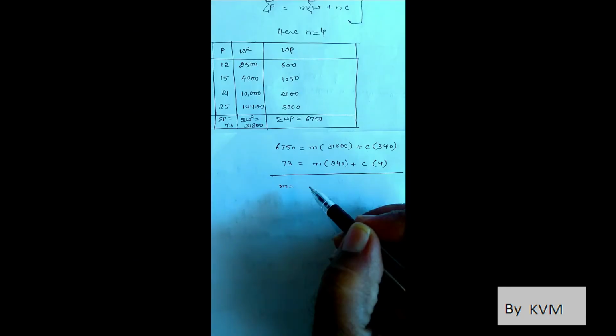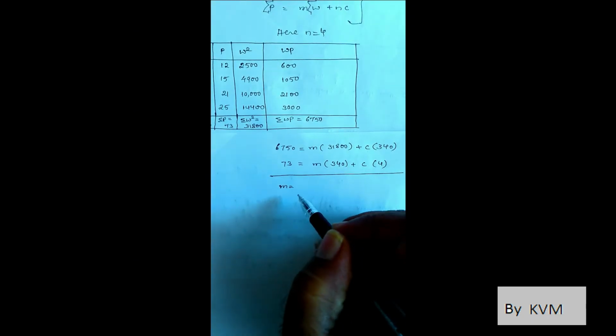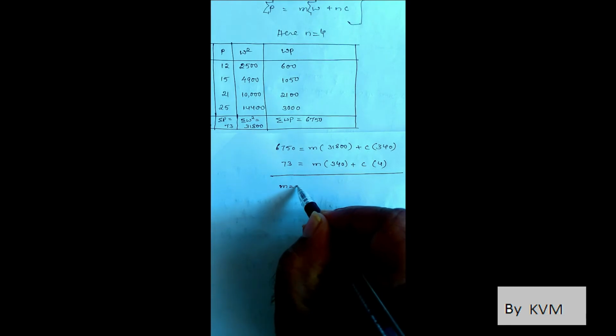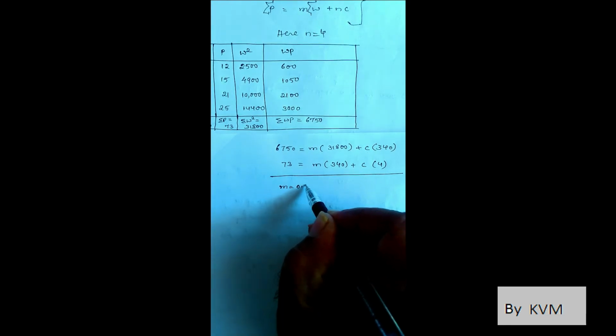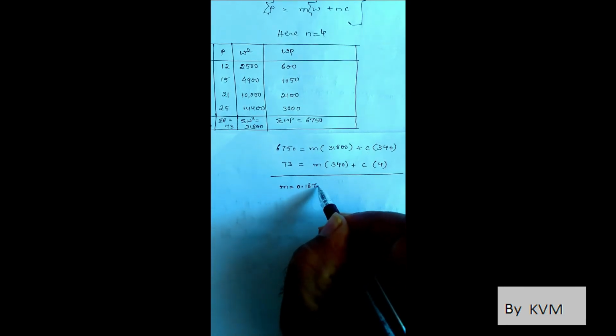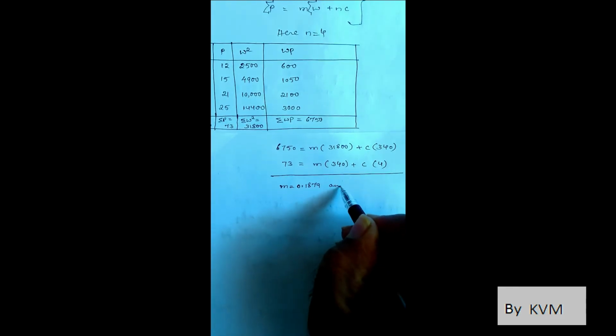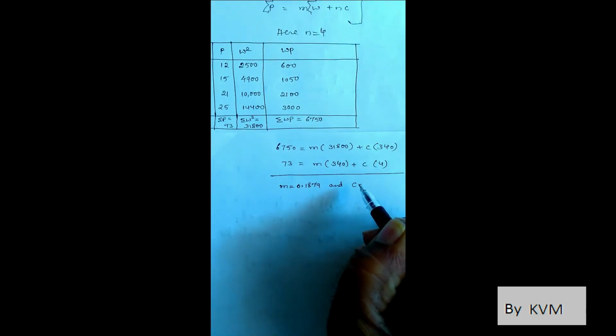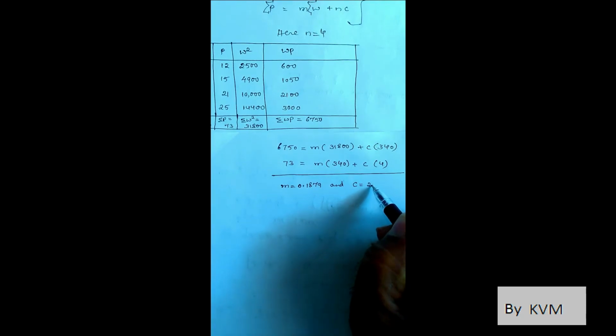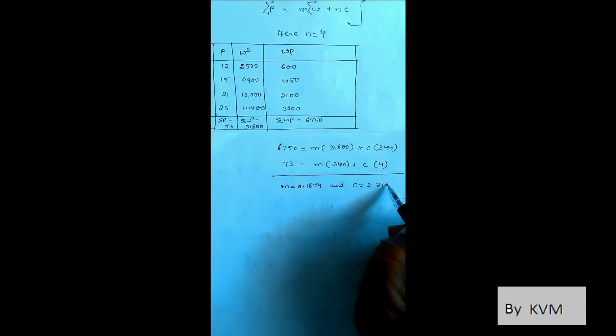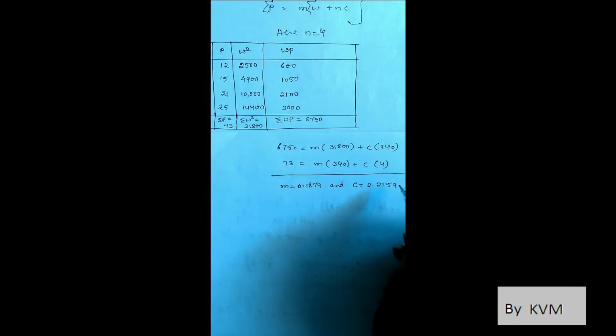Now solving these two normal equations, m is 0.1879 and c is 2.2759.